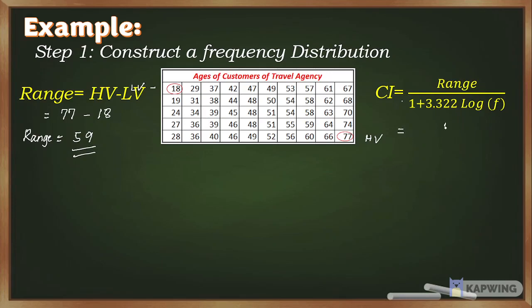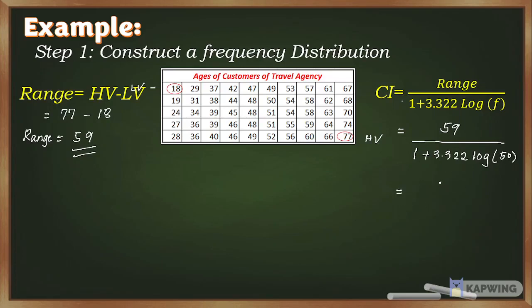So, the class width is 59 divided by 1 plus 3.322 log. Our frequency is 50, which is equivalent to n equals 50. So, log 50.